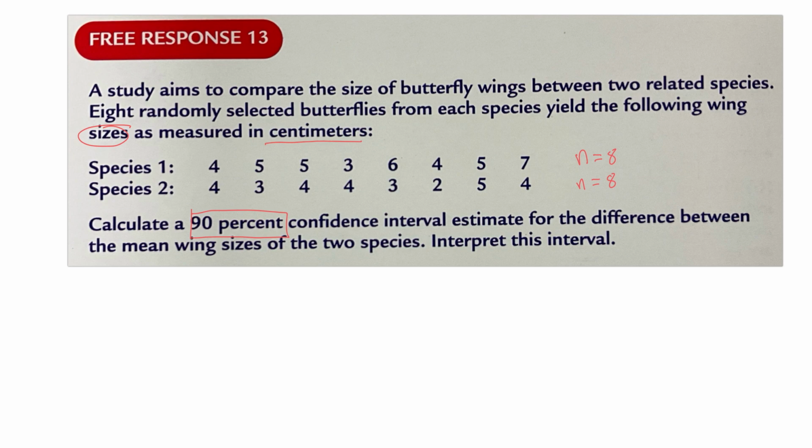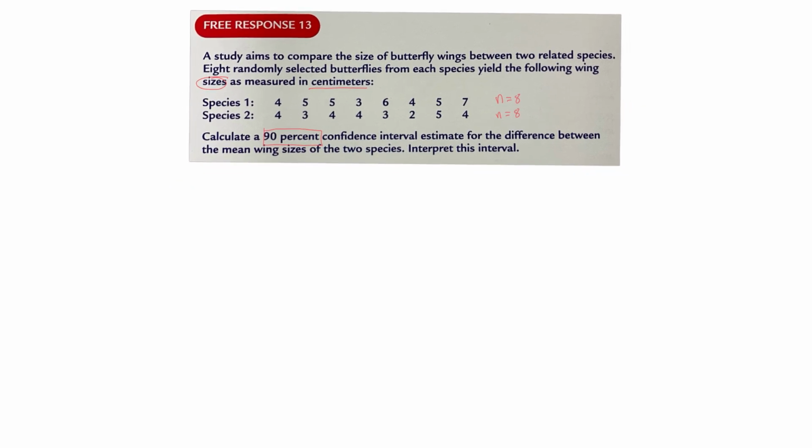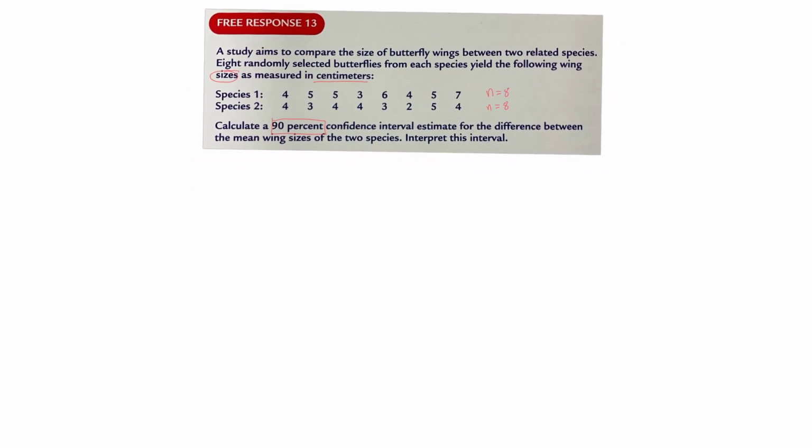So when you write the free response question, first of all, you have to state your parameter, and you have to state your confidence level. So let's go ahead and do the state step first. You will have two different samples, so for this one you will have the difference. And notice the question also says, calculate the 90% confidence interval to estimate the difference between the mean wing sizes of the two species.